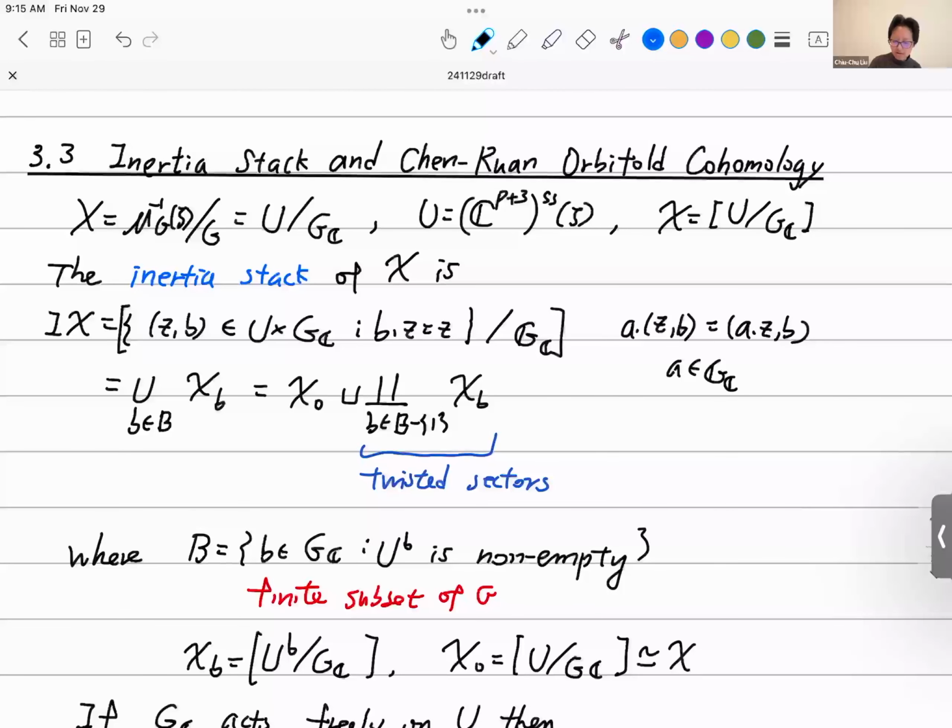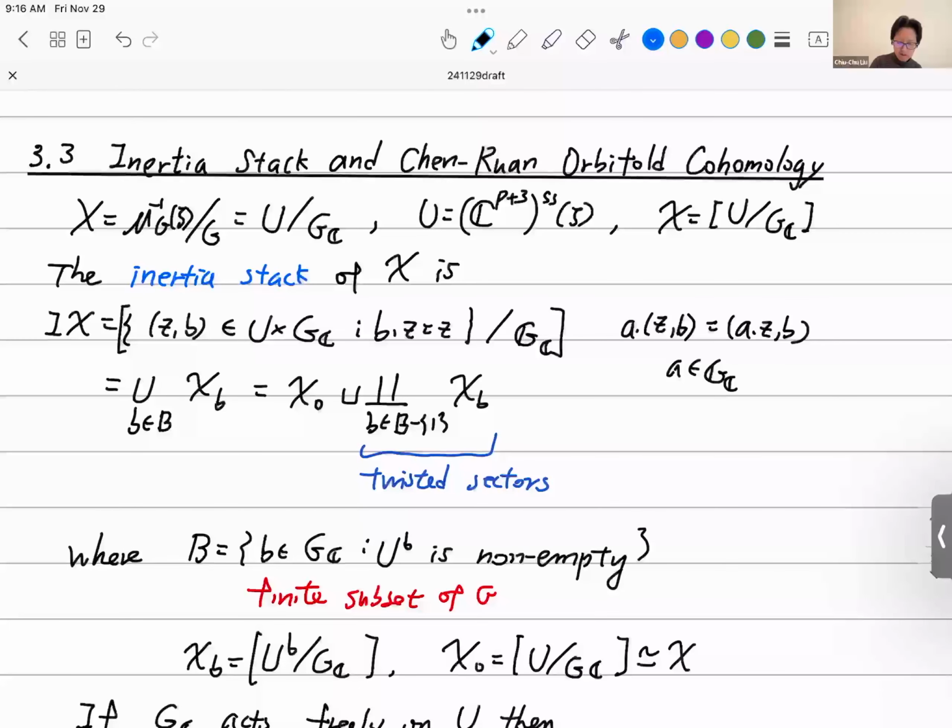So now this curly X is the quotient of U by the complex torus G_C action. There's a definition of inertia stack for general stacks, but since our curly X is a global quotient by an abelian group, we can just write it down more explicitly.